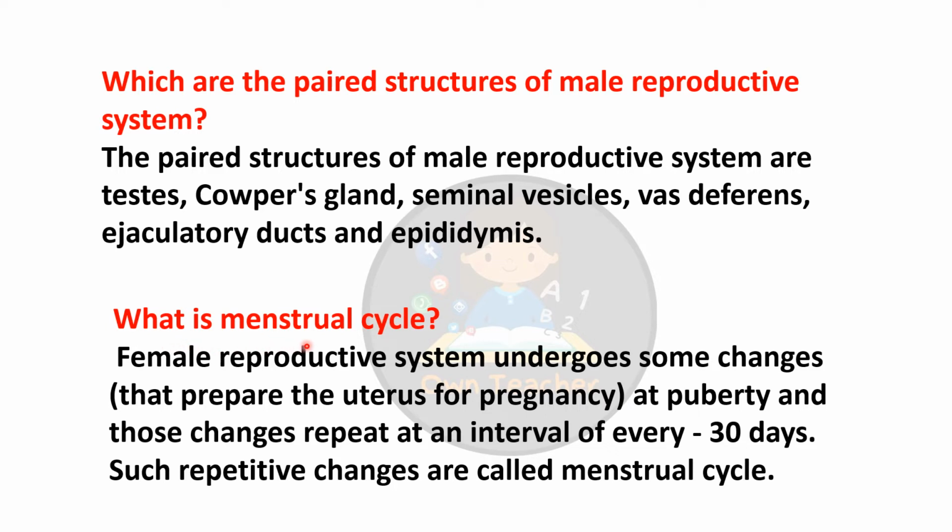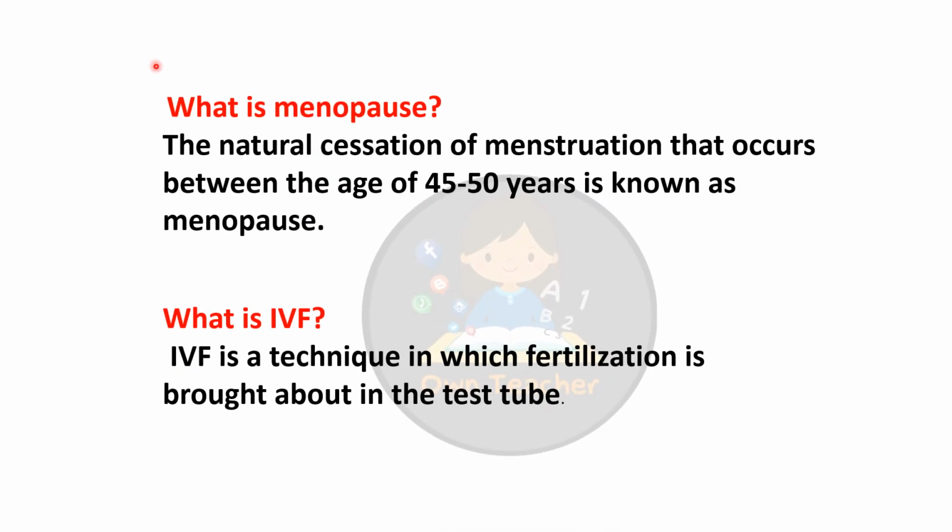What is menstrual cycle? Female reproductive system undergoes some changes at puberty, and those changes repeat at an interval of every 30 days. Such repetitive changes are called menstrual cycle. What is menopause?